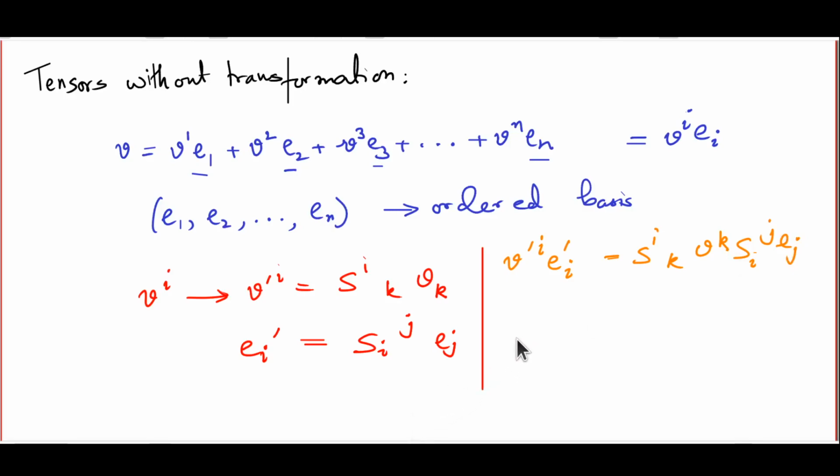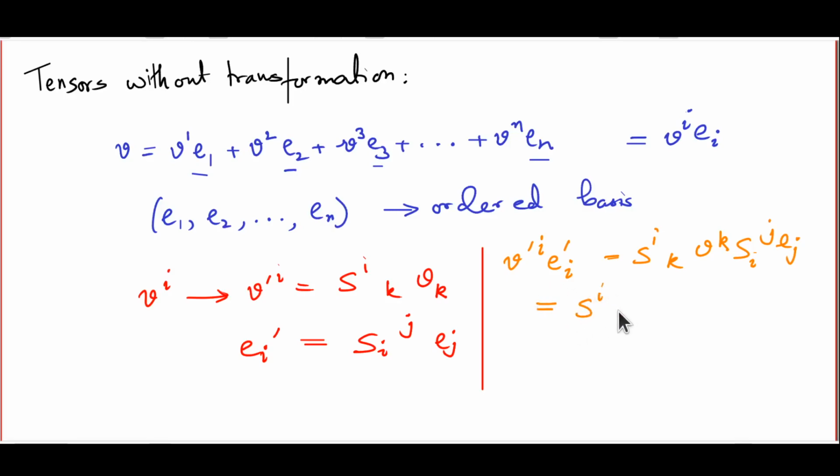Note that we have to keep dummy indices separate. We do not want to mix up two different dummy indices. And that's okay here because I've used k and j as two different dummy indices. This i has to be the same as this i because you do imply a contraction or a summation here.